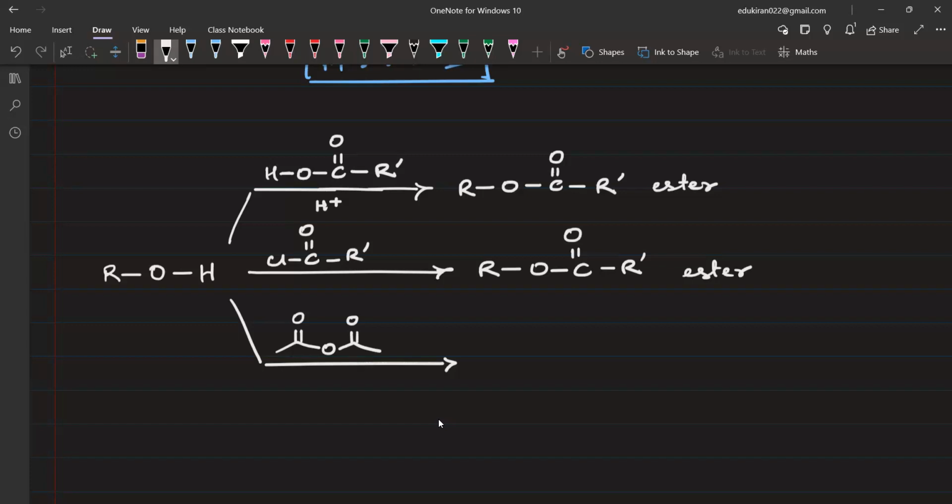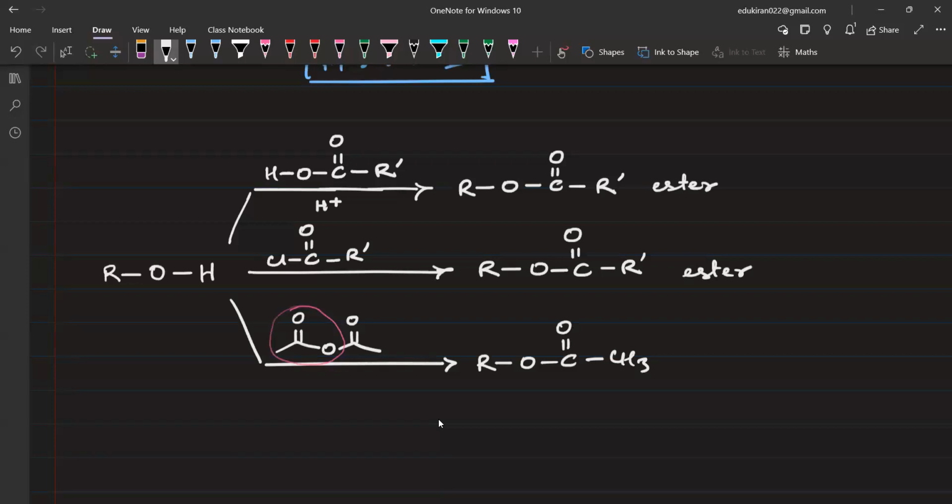Now, when you react this with acid anhydride, you are going to get again the same thing. क्या मिलेगा आपको? So यहाँ पे अगर आप देखें, so you will get R. ठीक है? This whole thing will be leaving. So you will have RO from the alcohol bonded to C double bond O. और यहाँ पे CH3 है तो हम CH3 लिखते हैं.